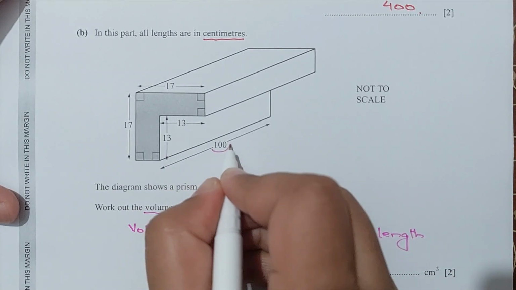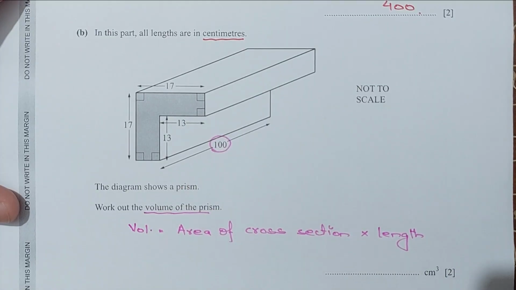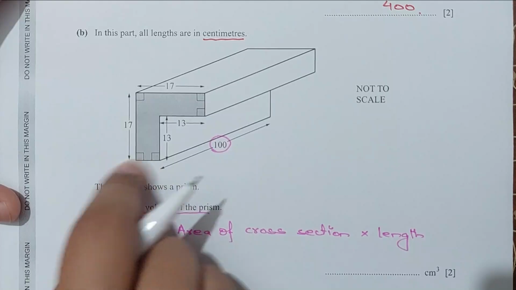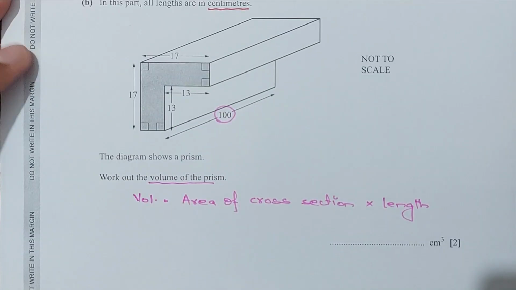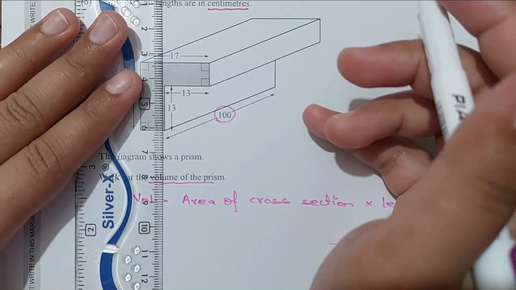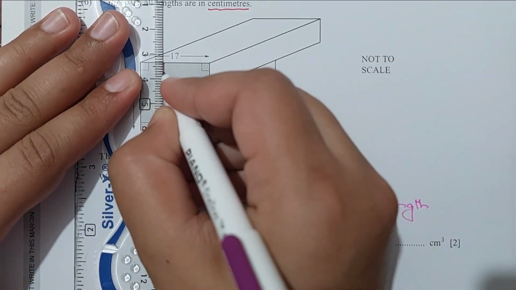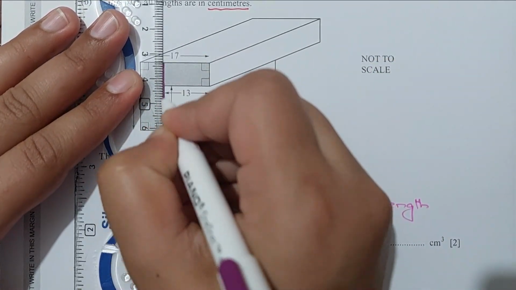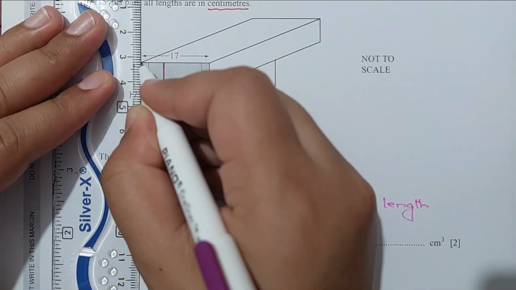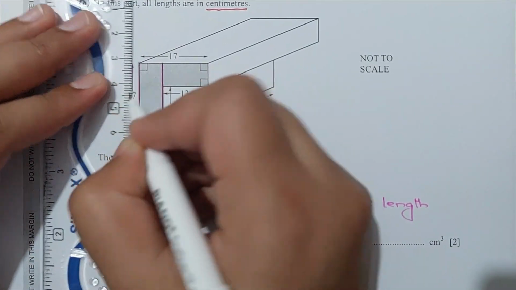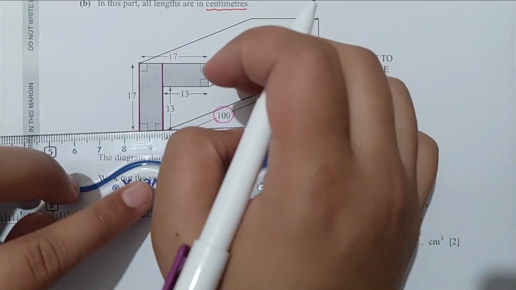Since we have been given the length, which is 100 centimeters, just find the area of this cross section. Let me find the area of the cross section by breaking the shape into two rectangles. So this length is 17, this length is 17, right? Okay, what about this length?